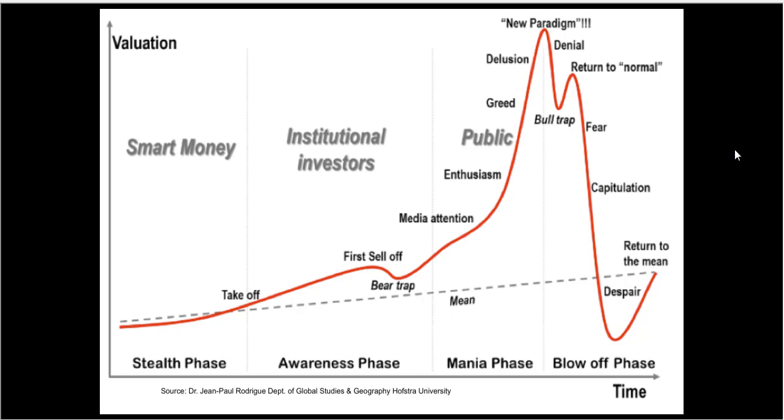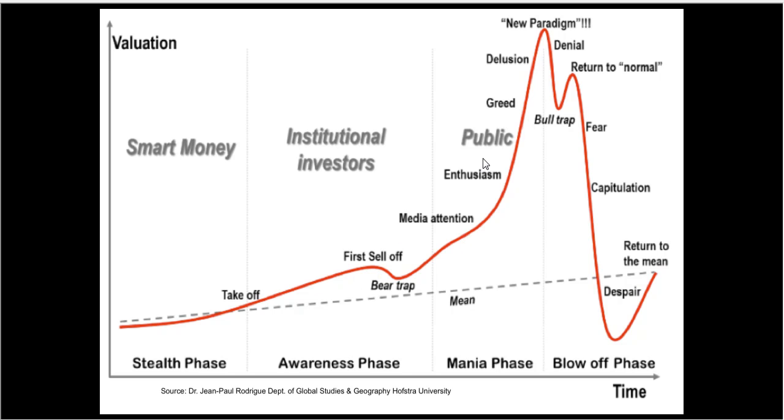This chart on the screen now shows the time frame or the tendency of bubbles. Early on, this is what a healthy bull market looks like. Slow and steady accumulation driven by investors with the capital and with domain expertise to really help build companies or legitimately drive healthy bull markets.